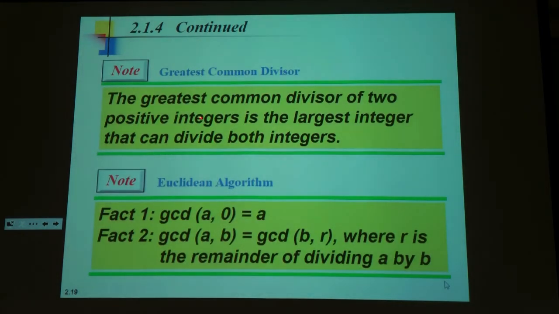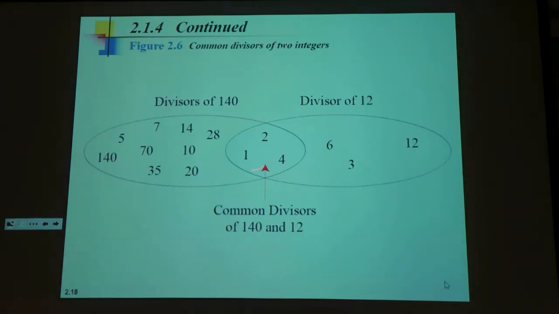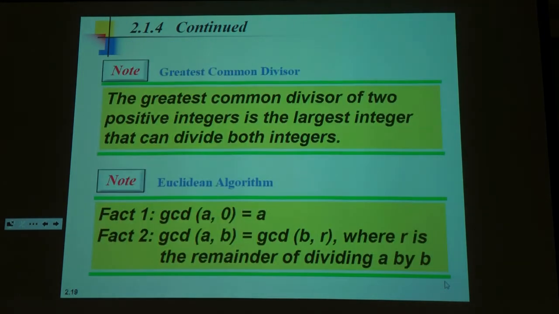Now there's a term, the greatest common divisor. The greatest common divisor of two positive integers is the largest integer that can divide both integers. So what is the greatest common divisor in here? 4. Okay, it's 4.